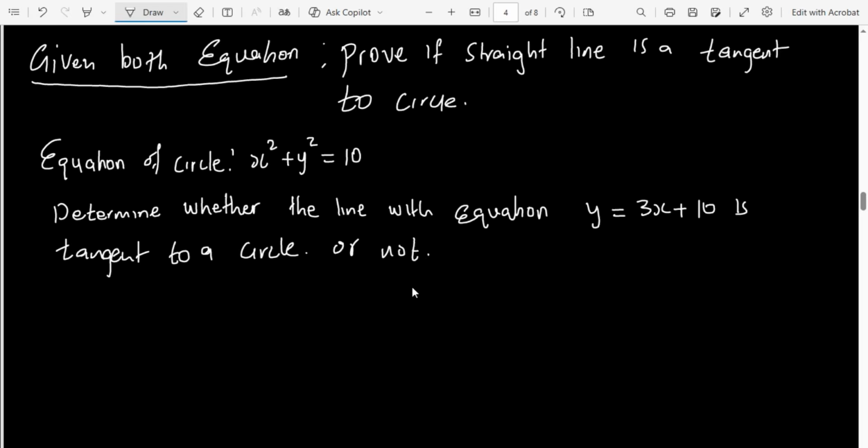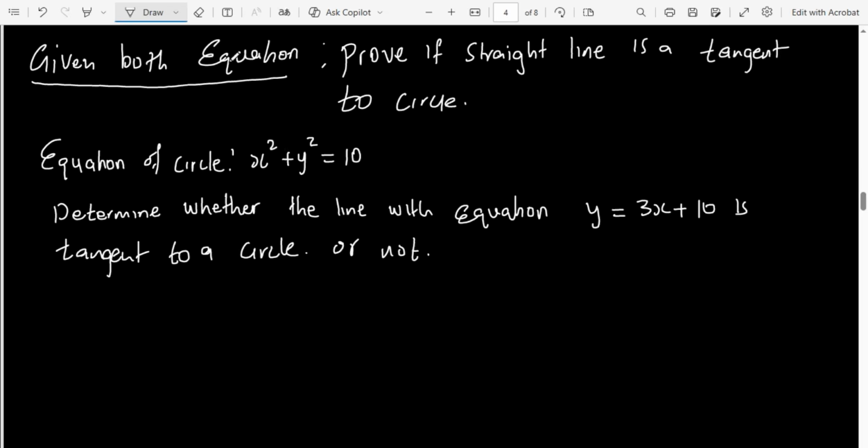So look at what we are given. We have the equation of the circle and the equation of the straight line. We need to check if y is equal to 3x plus 10 is a tangent or what.